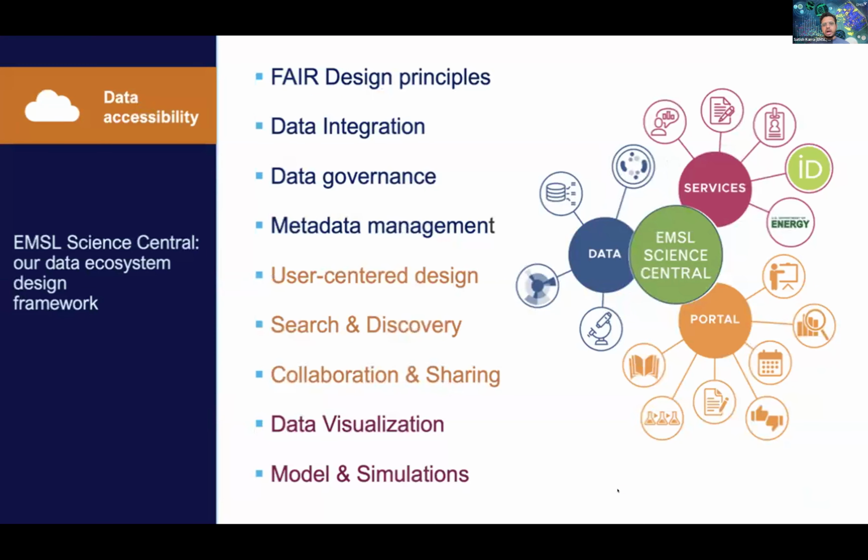And then also at the heart of our EMSL infrastructure and our data service ecosystem is our commitment to serving data on demand. And this is crafted through the lens of user-centric design. So the approach is not just about technology, but also about the people.